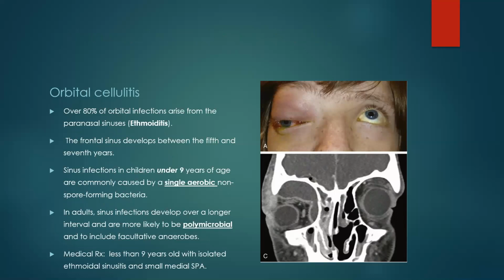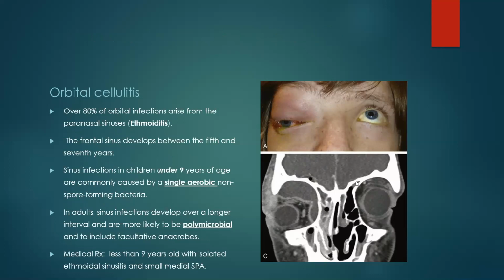So in orbital cellulitis, the source is mainly from the paranasal sinus and particularly from the ethmoidal sinus. The frontal sinus develops between the fifth and seventh year.